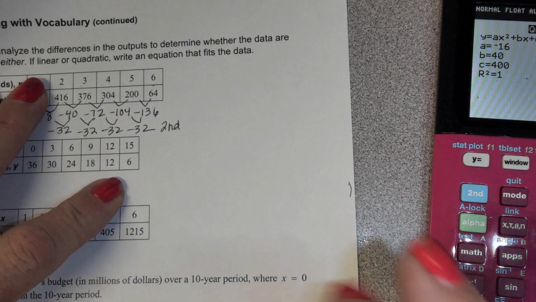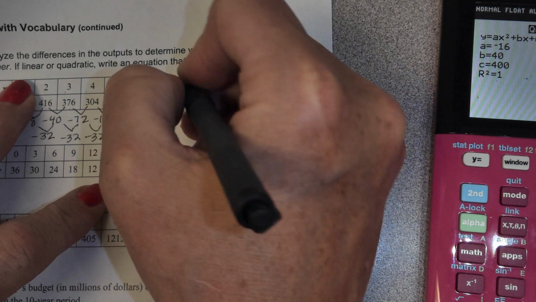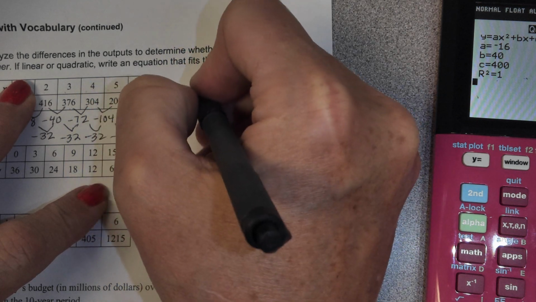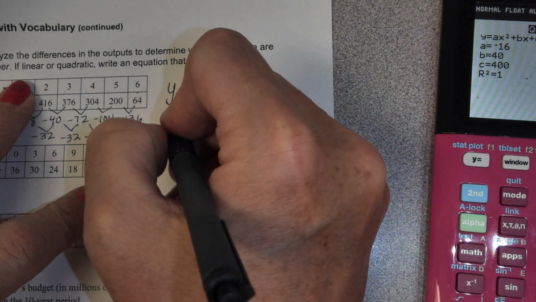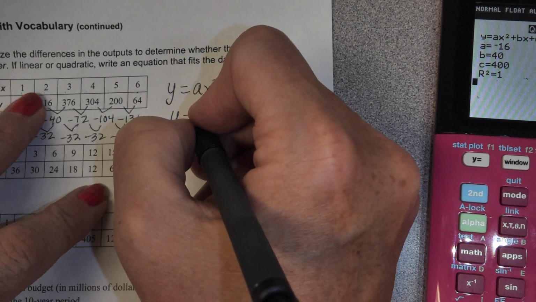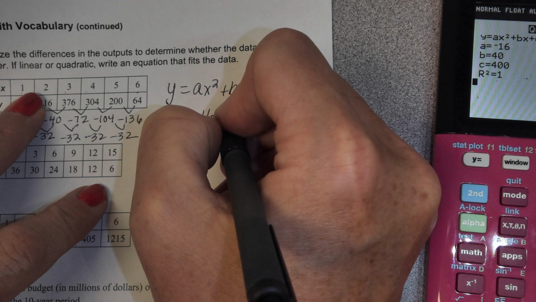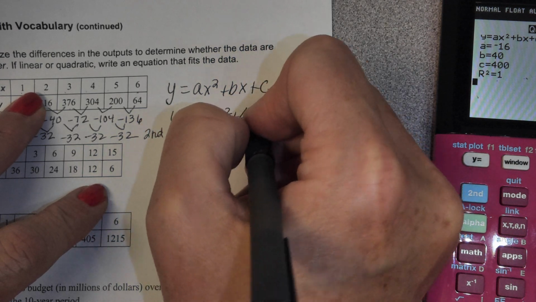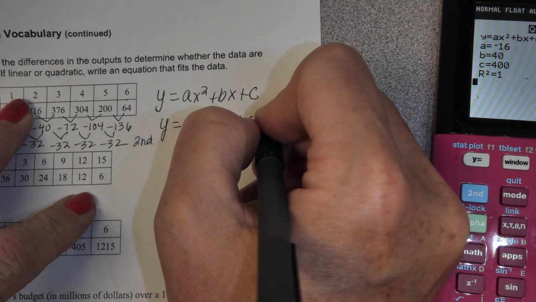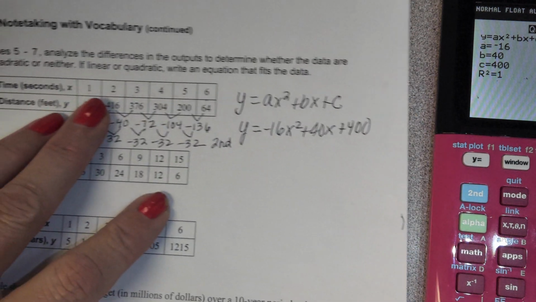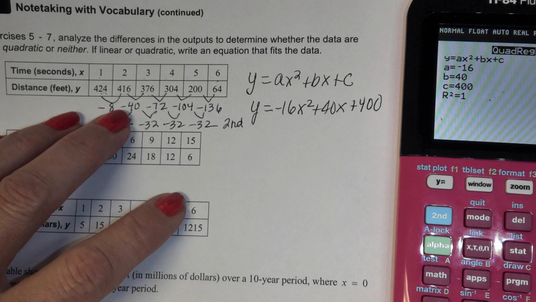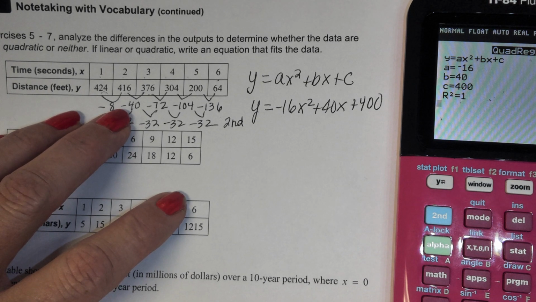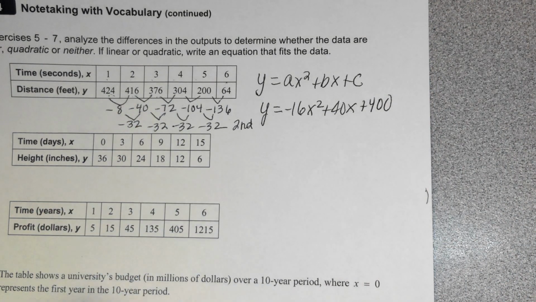R squared is 1, perfectly quadratic, so this has to be y equals ax squared plus bx plus c. So it must be y equals negative 16x squared plus 40x plus 400. That's the equation. Alright? Make sense? That's the basic that we could do.